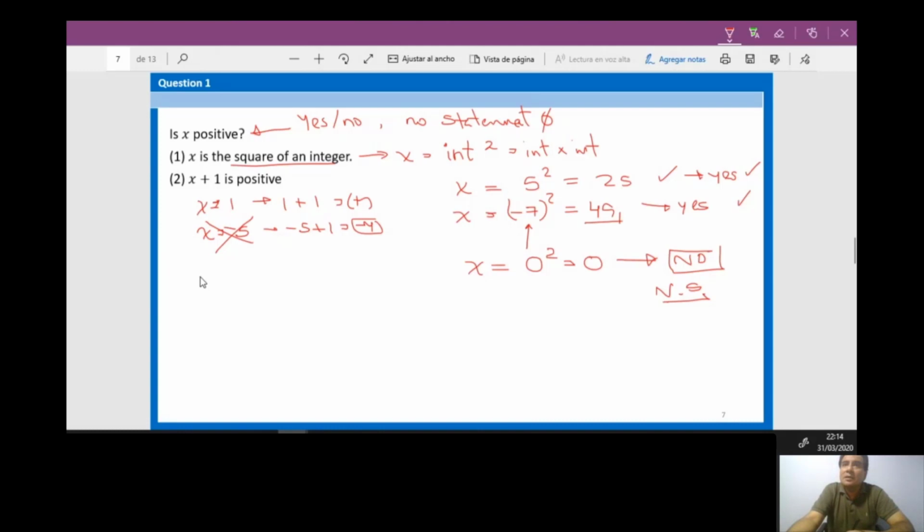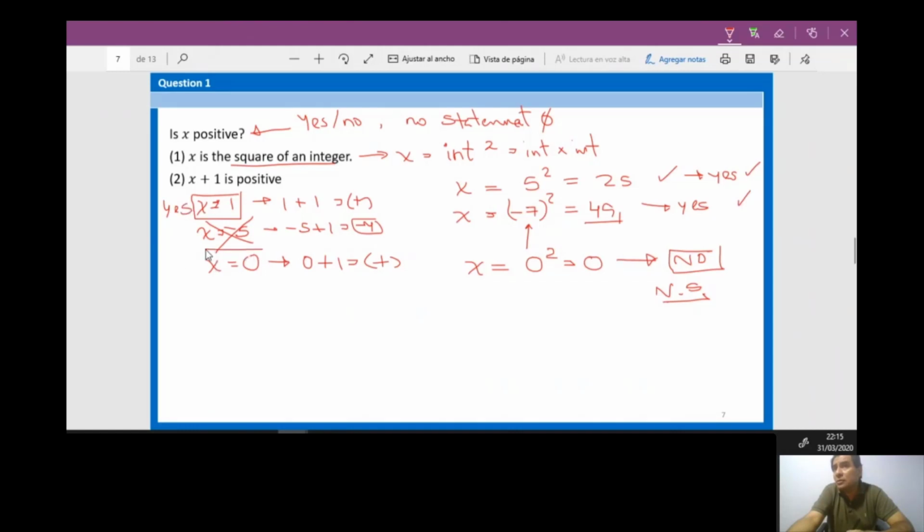So, could it be 0? What happens if x is 0, for example? That means 0 plus 1 is a positive number. And yes, so notice that when we answer the question considering x with the value of 1, the answer to the question would be yes.